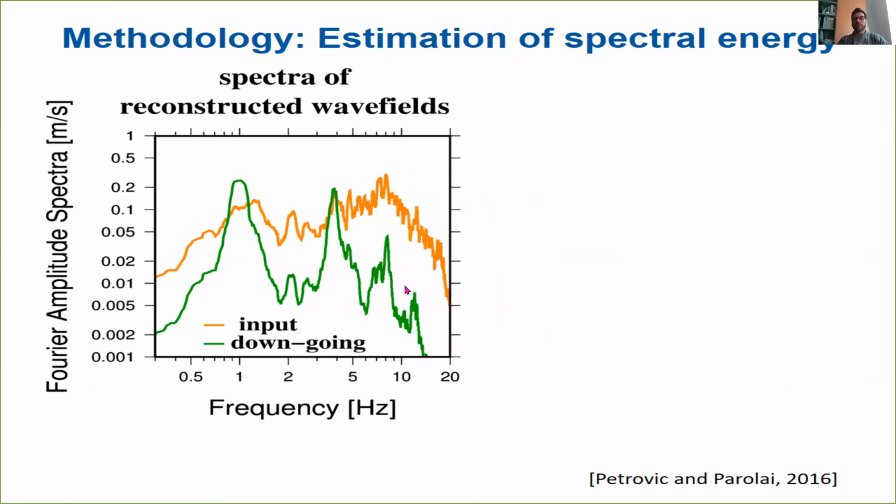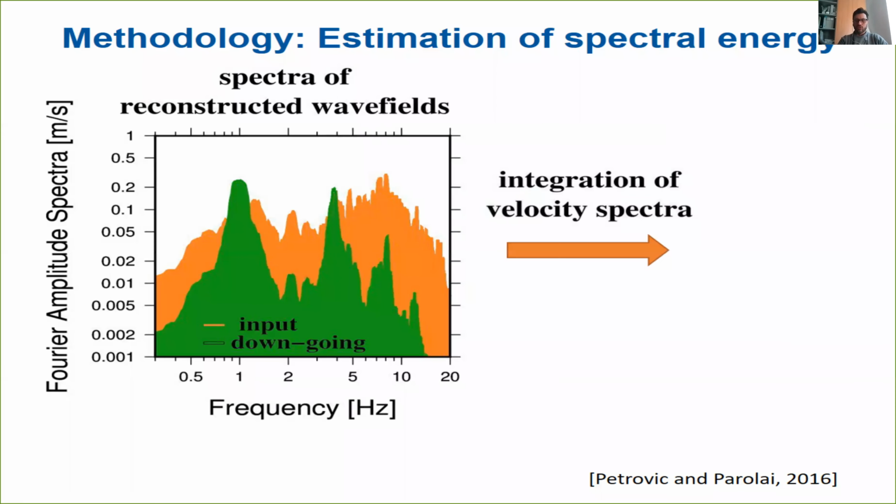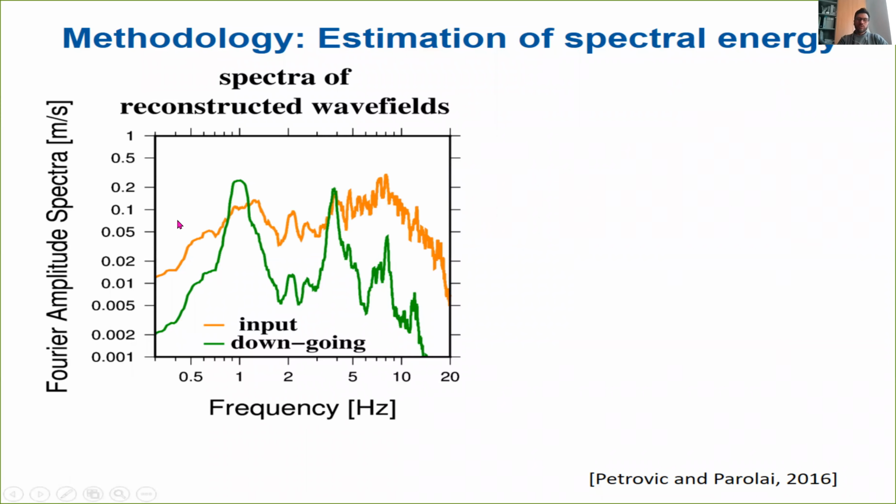Interesting, if you compare the Fourier spectra of the input ground motion and of the downgoing wave, what do we observe? Exactly what I told you before. The spectrum of a downgoing wave is generally smaller than the input, because part of the energy has been released in other waves which are refracted and reflected.